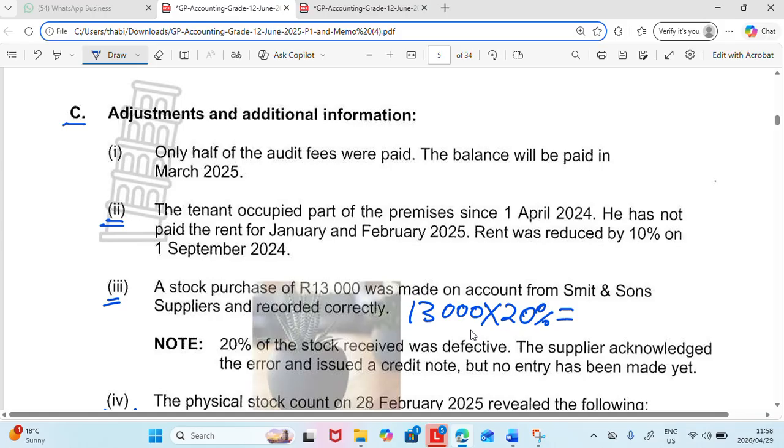It means now we are no longer owing 20% of the 13,000. Are we clear, guys? So what is 20% of the 13,000? It is 2,600. We are no longer owing 2,600 because we have returned 20% of the trading stock that we bought on credit.